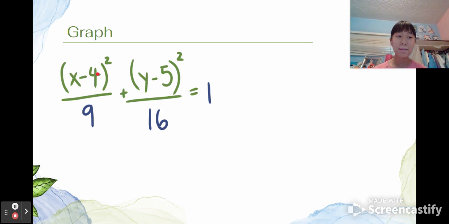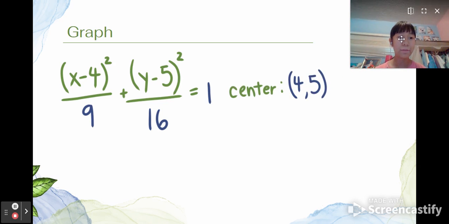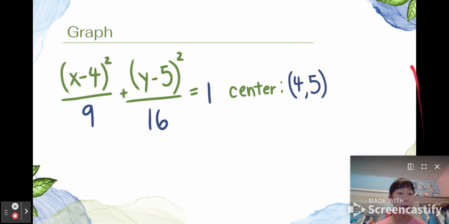And since it's positive, it doesn't change the negative sign that's originally here in the equation. So it's actually positive 4 and positive 5. So the center is 4, 5. Let me move my picture down. So the center is 4, 5.